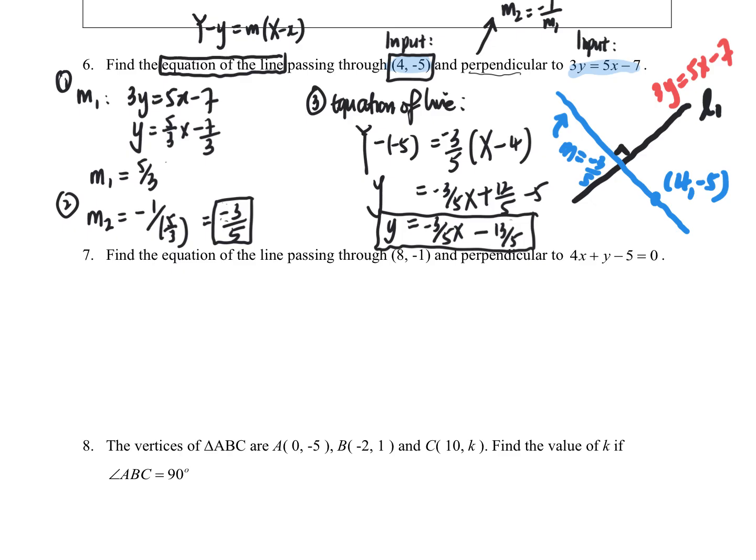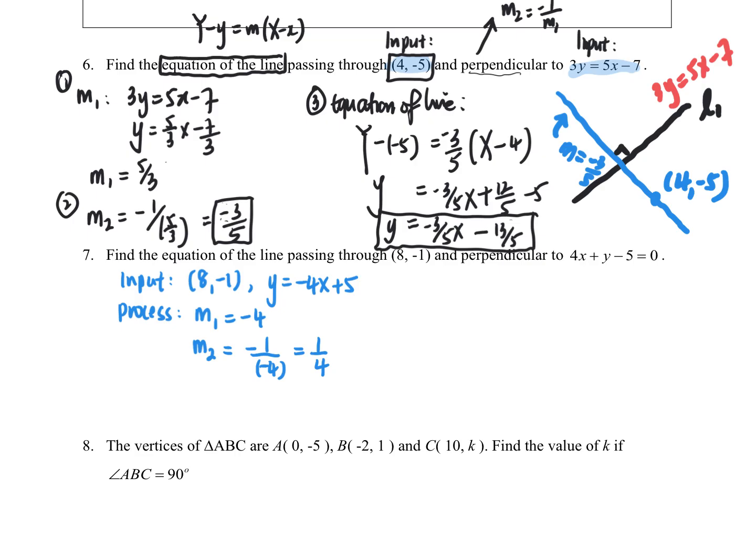Okay, now my pen is too thick. Okay, so the input is always the point and the equation. So if you want, you can shift it to gradient intercept form, so that it's easier for you to read the gradient. Okay, and then what are the processes you take? You will first find the gradient of the first line. So minus 4. Gradient of the second line, you make it negative reciprocal, right? So negative, and then put the minus 4 down. So you get 1/4.